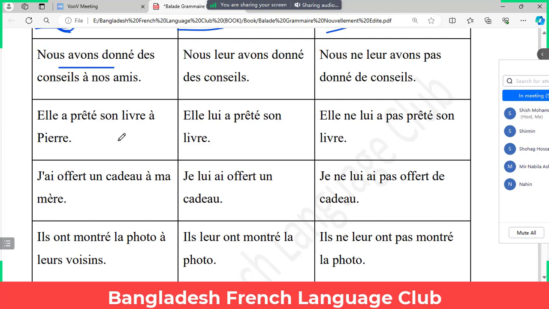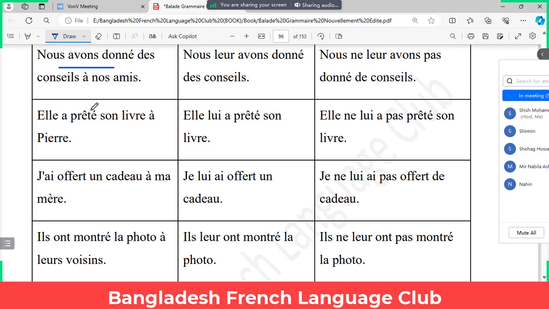We gave the conseil, which means suggestion. The verb is conseiller, to suggest to someone. We give the suggestions to our friends.